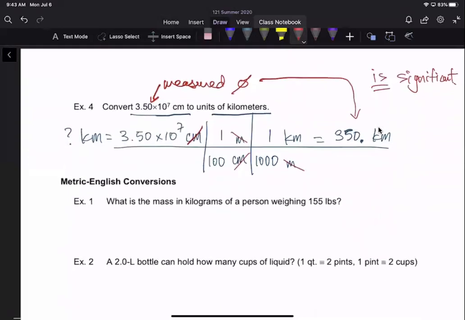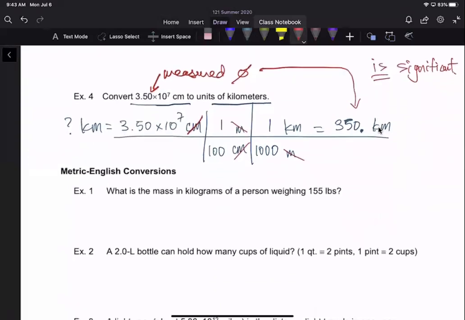All right, next up we will do some metric English conversions. And again, we have these units, pounds. I like to write pounds in cursive.